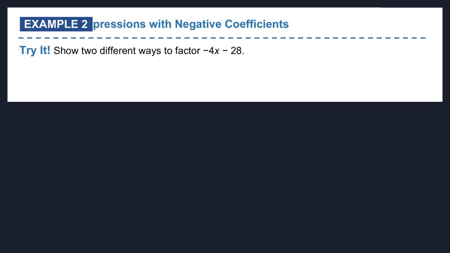All right, here's the try it on page 223. All right, let's get some bugs going. I have to have a 4 bug. 4 would be 1 times 4 and 2 times 2.